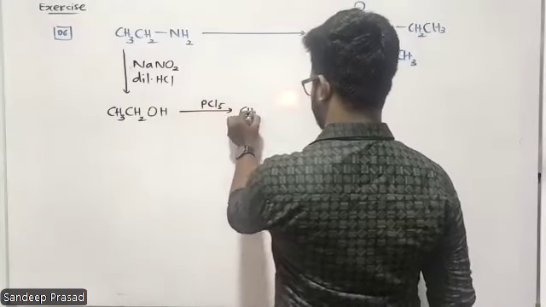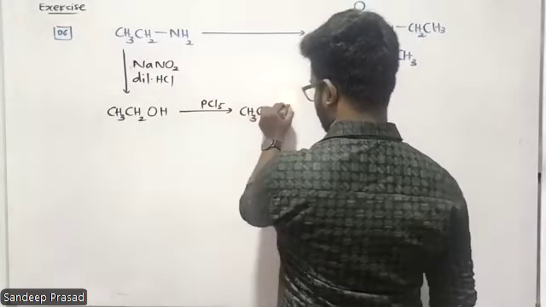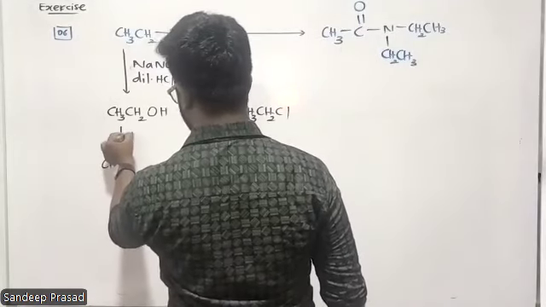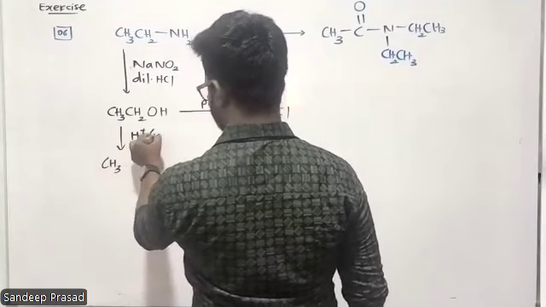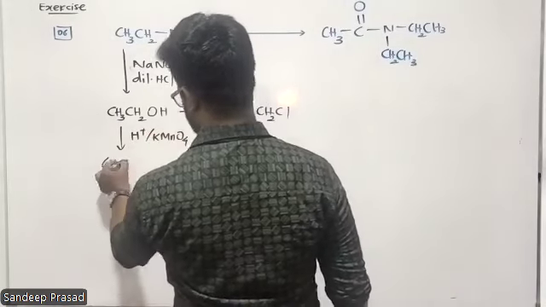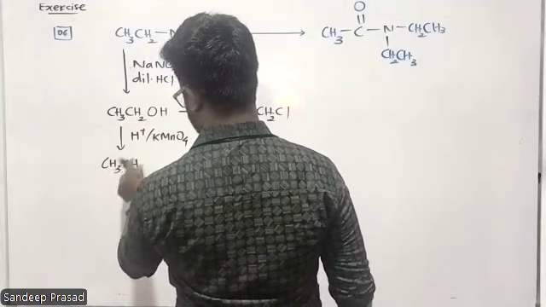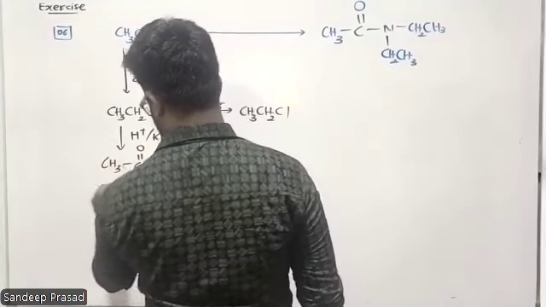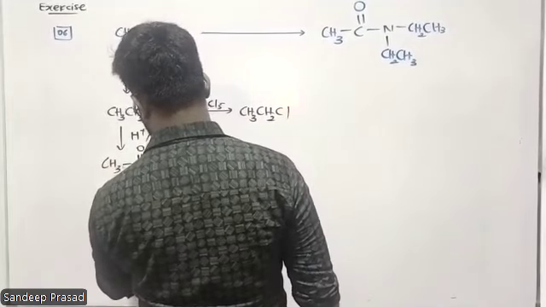PCl5 is added, so therefore CH3CH2Cl. Here I'm going to add acidic KMnO4. Then carboxylic acid is formed. Again, PCl5 is added.